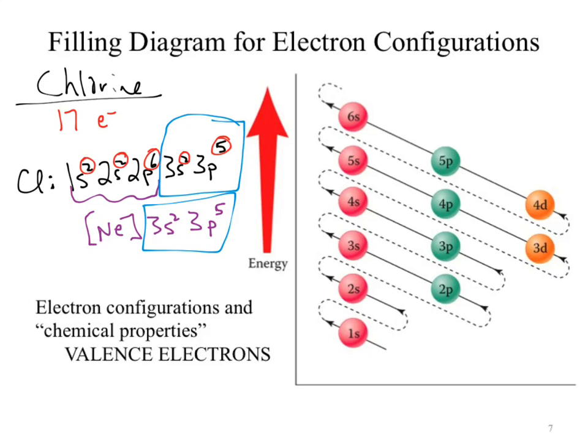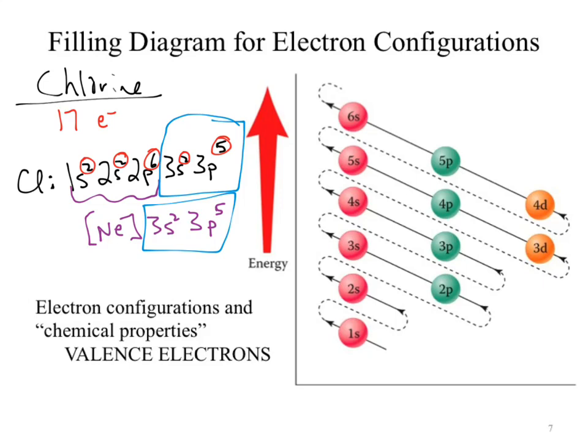So if we were doing bromine, do you have to use the noble gas right before it, or could we use neon and then add the rest of them? For bromine, what noble gas would we choose? Argon. Could we use neon? Yeah, why not?